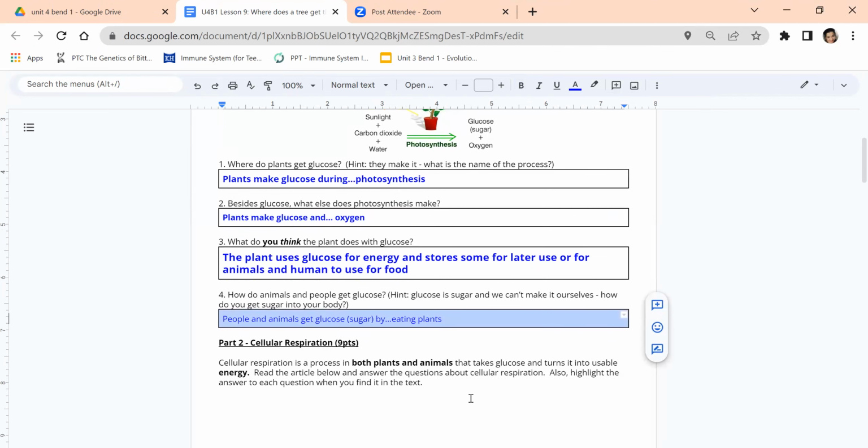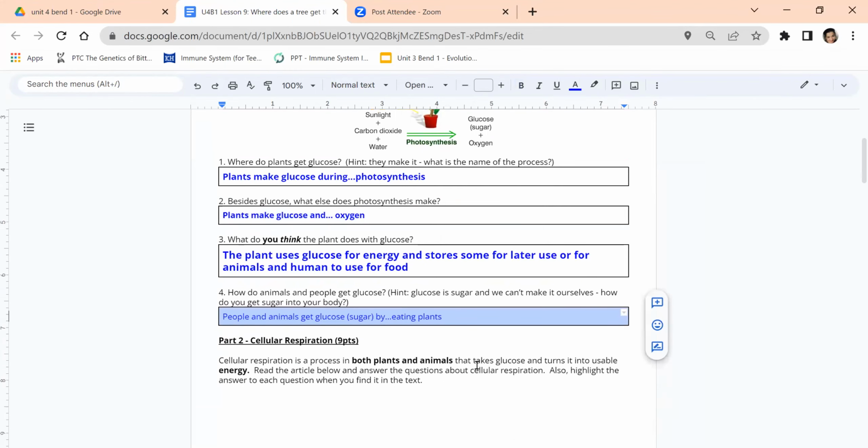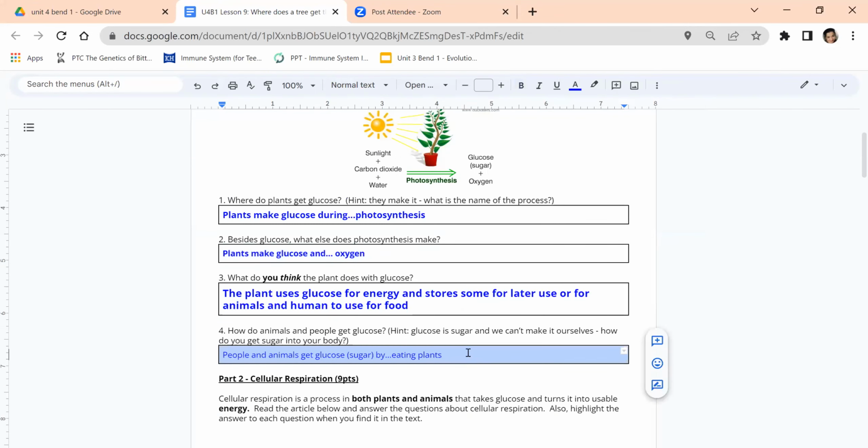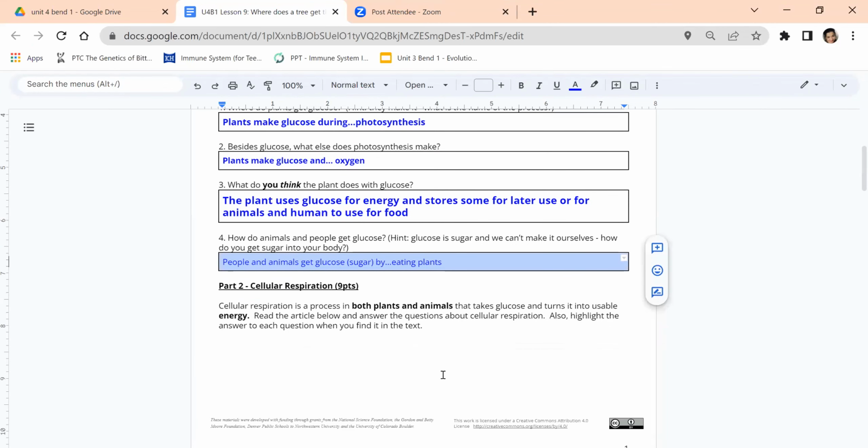Okay, so breaking down that glucose to release energy is done through a process known as cellular respiration. And interestingly, it is the exact opposite of photosynthesis. So let's look a little more in depth at cellular respiration. Unlike photosynthesis, cellular respiration is a process that is done by both plants and animals.